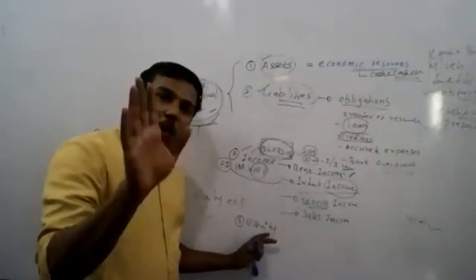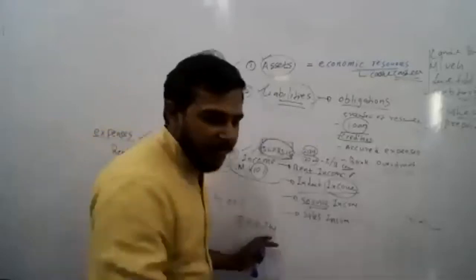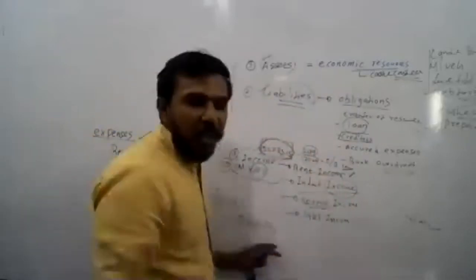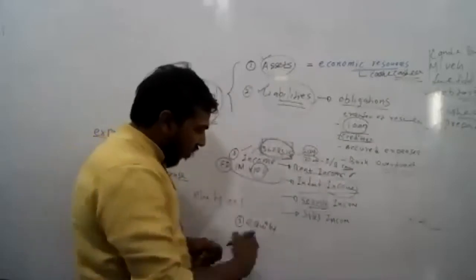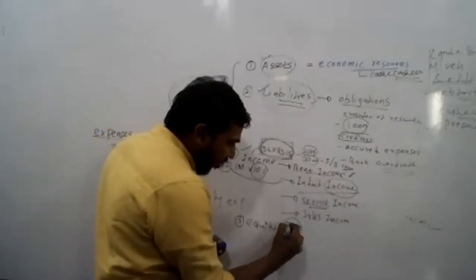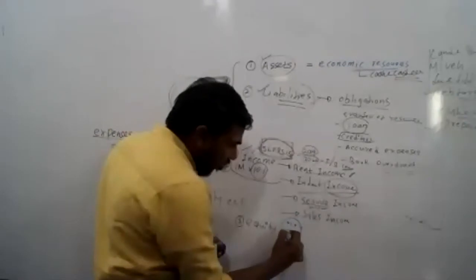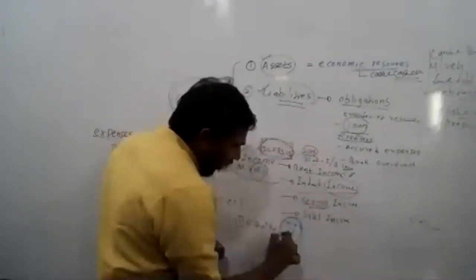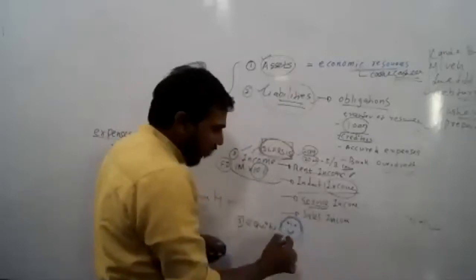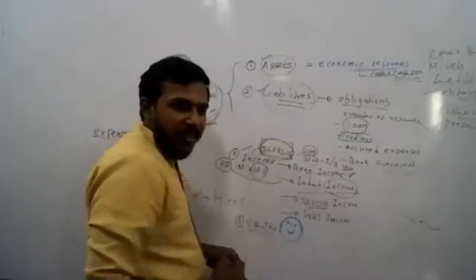Make sure the owner is always represented from this term which is called equity. So owner is the equity. So someone is the owner, so he is called equity.